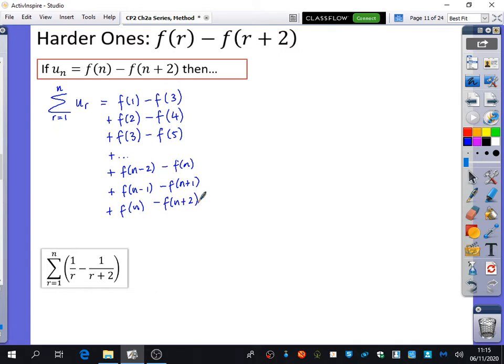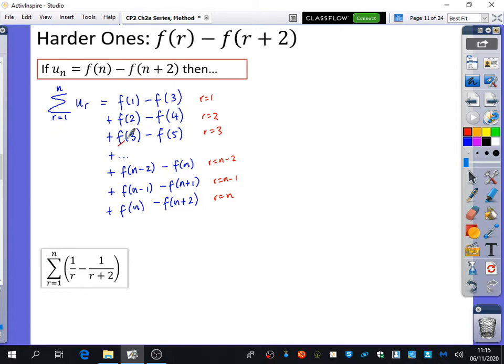So this is what the pattern would look like if we subbed in when r equals 1, r equals 2, r equals 3, r equals n minus 2, r equals n minus 1, and r equals n. After you've got that written down, can you see what the pattern is for this one?